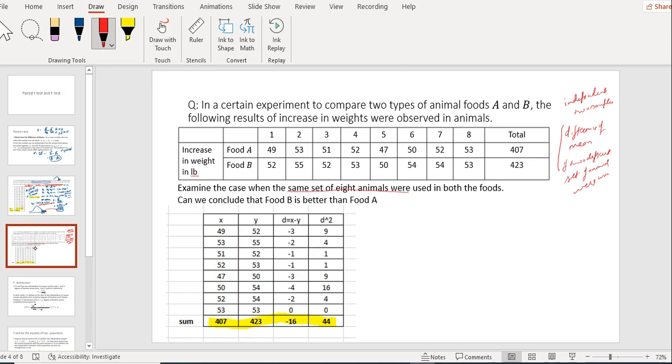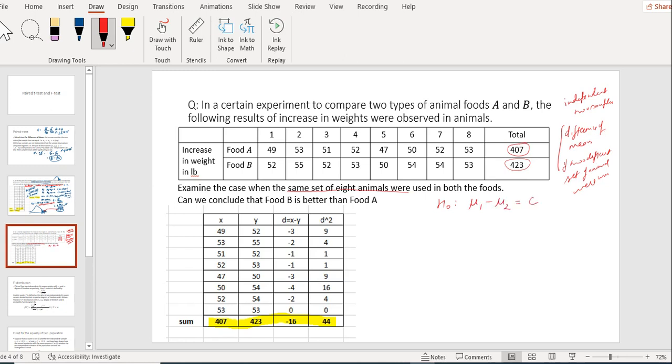So we want to see whether with food A the increase in weight is 407 and with food B the increase in weight is 423. We want to check whether this difference is significant, can we say that food B is better than food A, or that there is no significant difference between the two. So what will be the null hypothesis in this case?